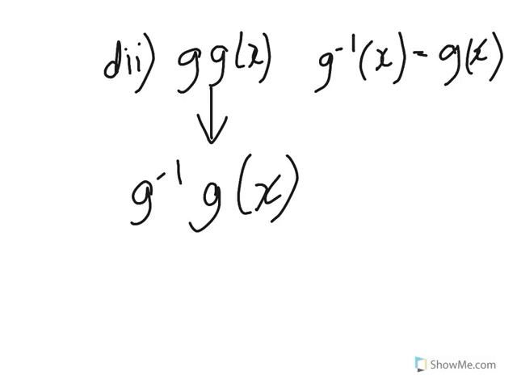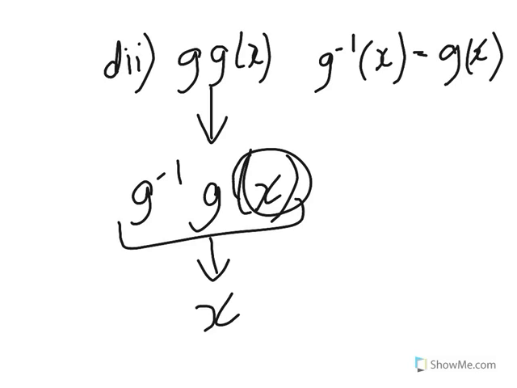When you put an inverse function together with the original function, you always just get x. You can try it out yourself with your own functions. In general, when you have an inverse function applied to the actual function, you just get the x you originally put in. So your answer is just x.